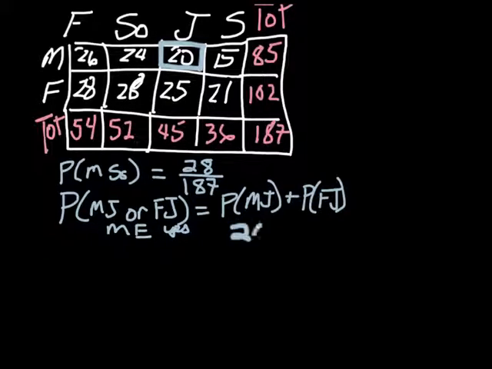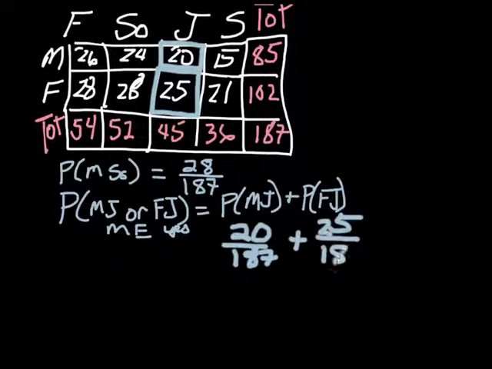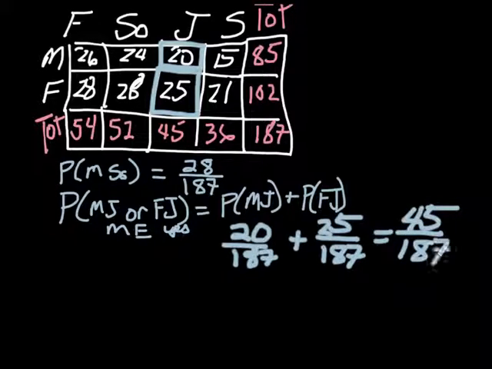There are 20 of them out of 187 total students. The female juniors are this category, which is 25 out of 187, and so that's going to be 45 out of 187. And that's how you do that kind of probability. Did you get that? If you did, you know what you're doing. Okay, next slide.